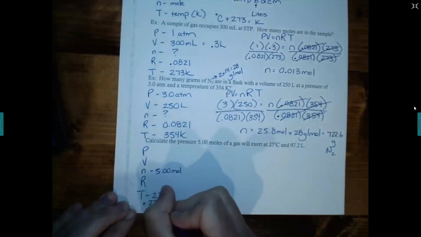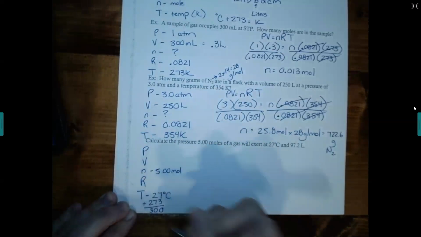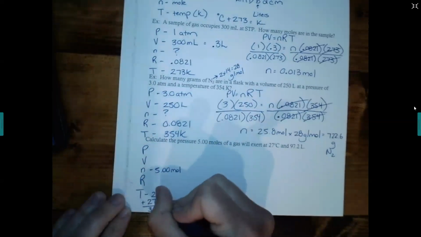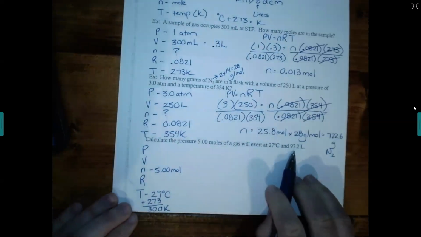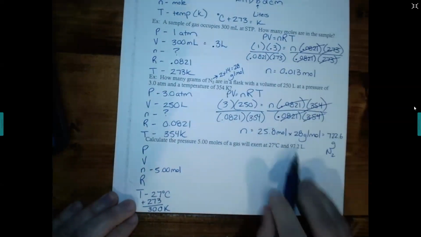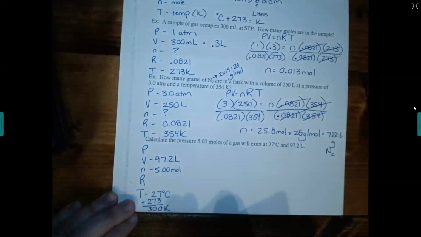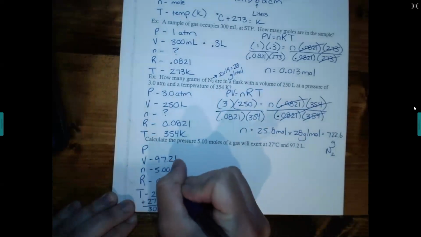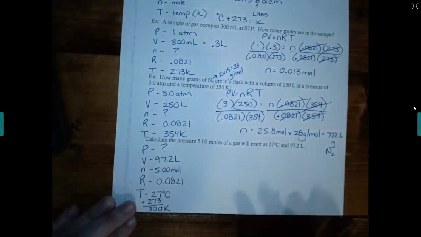So we're going to add 273 to that, and you get 300 Kelvin. And then for our volume, we have 97.2 liters. And then R is 0.0821. So we are solving for the pressure.